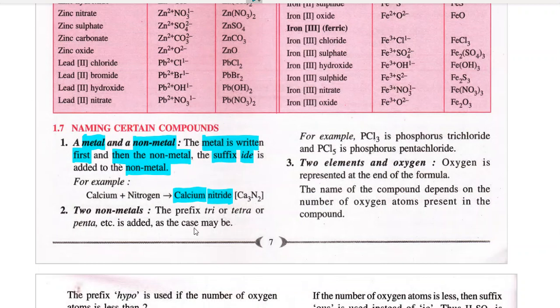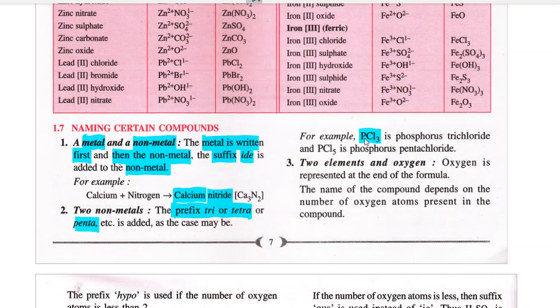Two non-metals. Whenever you have to name a compound having two non-metals, the prefix tri or tetra or penta, etc. is added as the case may be. Prefix means a group of letters which are written before, or in front of, the name of the chemical or any name. Okay, so PCl3.